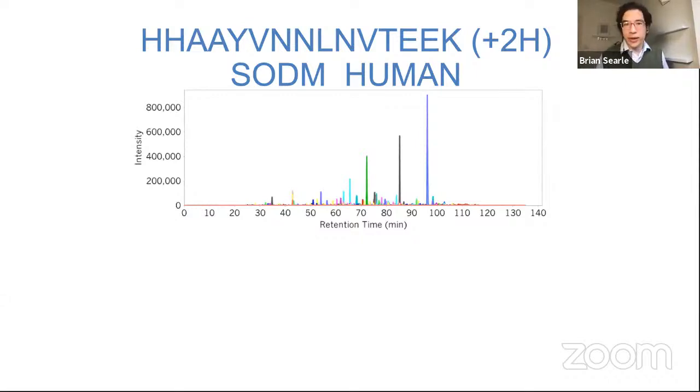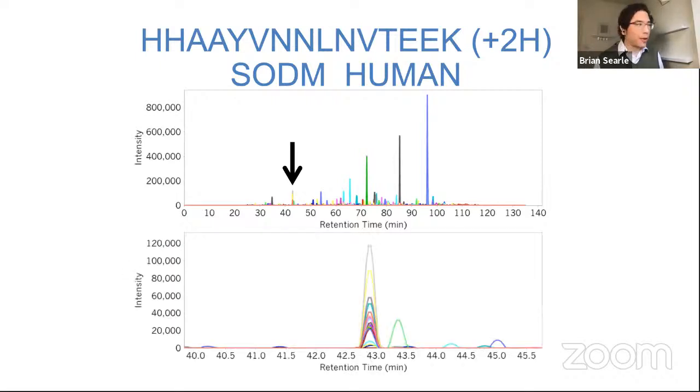So the first question is, where is this peptide? It's actually pretty hard to figure out, naively, where this peptide is. Let me just show you, it's right here. It's not the most abundant fragment ion associated with this peptide; it's actually one of the smaller fragment ions. But the way we know this is the right peptide is we can look at the combination of multiple fragment ions together.